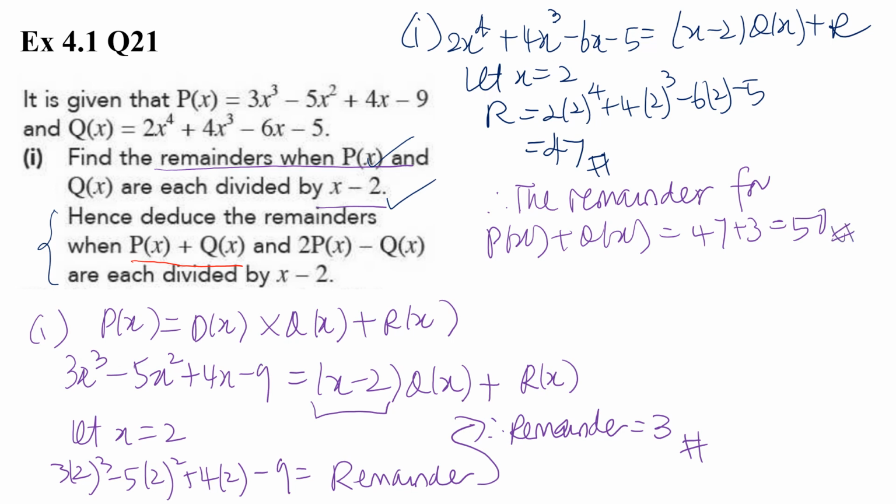Okay, then how about the other one? What's the remainder when 2 times p of x? So if it's 2 times p of x, from here, this is what we started off with, so I'm just going to multiply by 2 throughout.